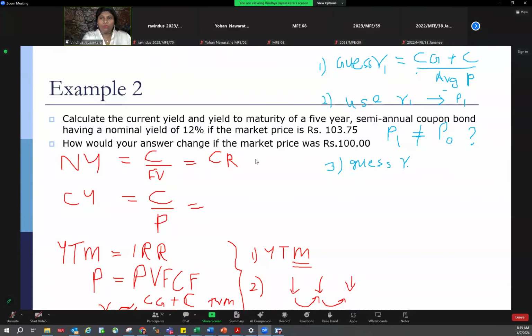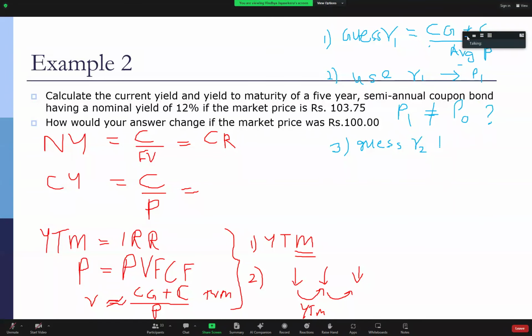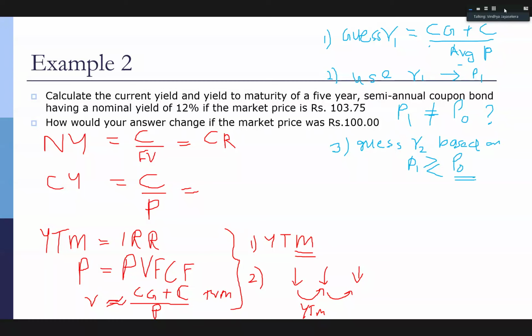So R2 again should be an intelligent guess based on P1 and P0, meaning if P1 is higher than P0 or lower than P0. P0 is the price that you want to find, the market price. P1 is the guessed price, the price calculated from the guessed yield to maturity.